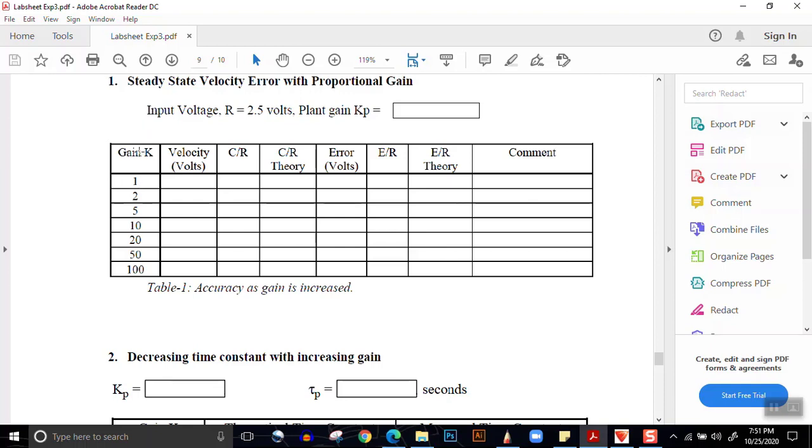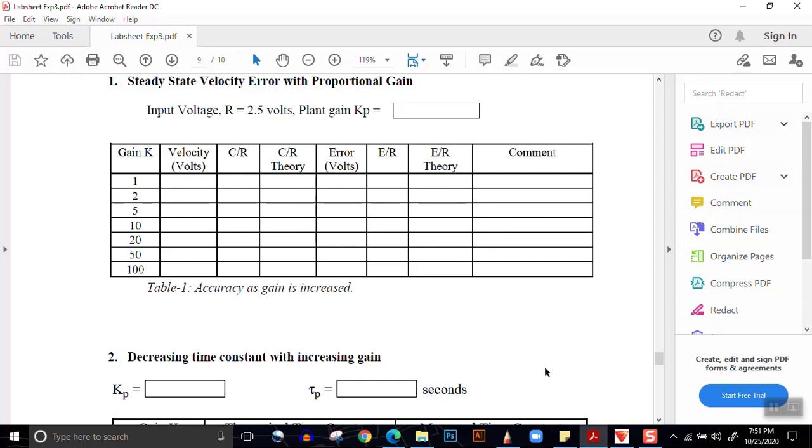This gain is actually Kc, input voltage is 2.5, and plant gain Kp we have determined in experiments 1 and 2. We need to find the velocity volts, which is the output velocity. We need to find C by R, that is the output velocity divided by input voltage, so this velocity volts divided by 2.5 will give us C by R.